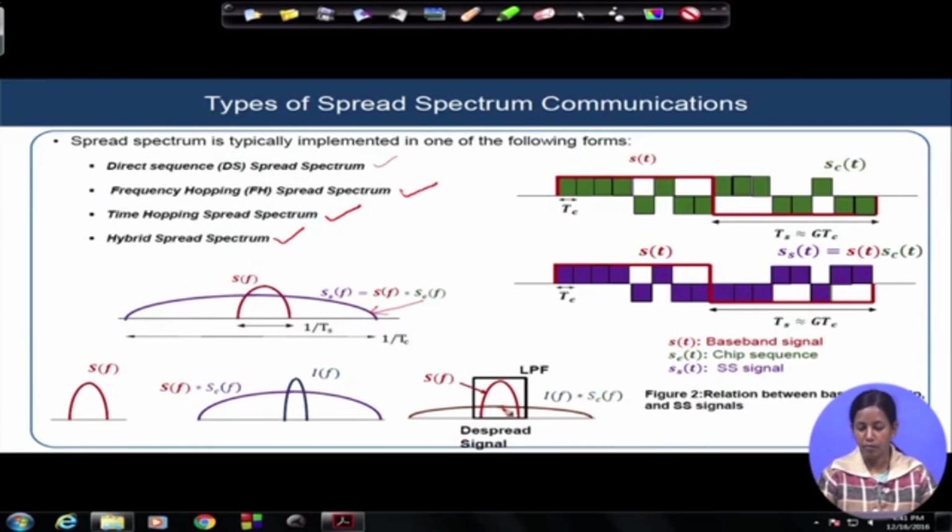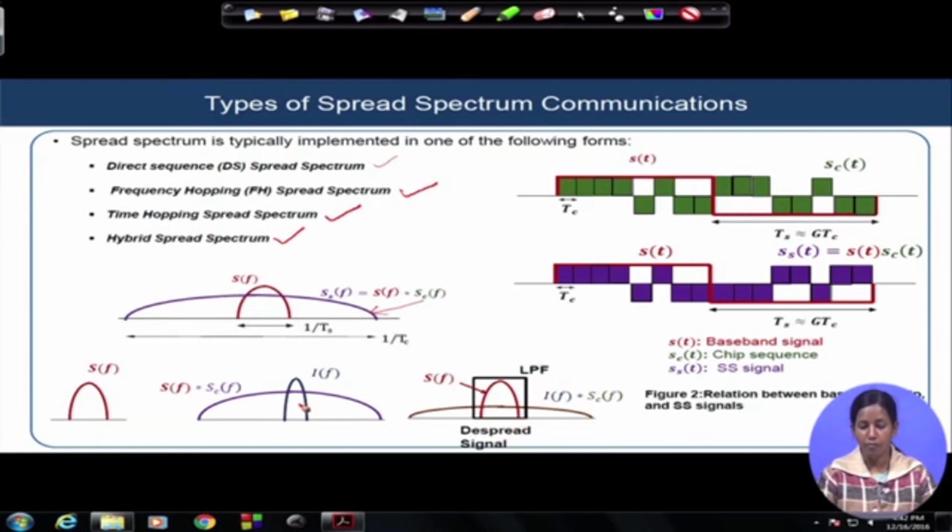In the receiver, we again multiply this spread signal with the known key, the same Sc(t). Once we do it, by the signal processing itself, the original signal S(f) comes back, which we filter out by putting in a low pass filter.